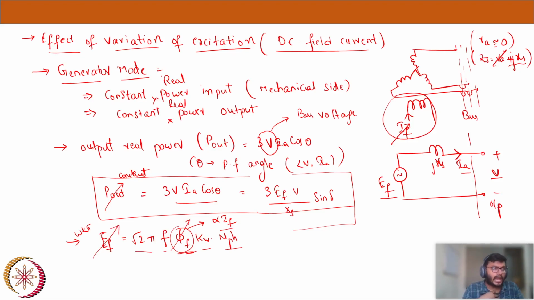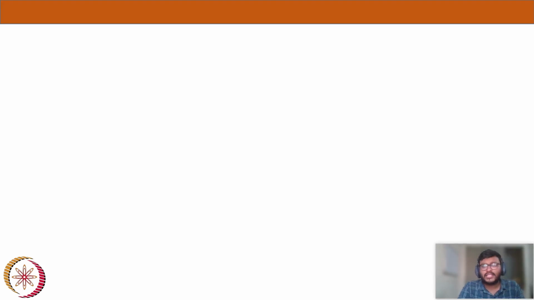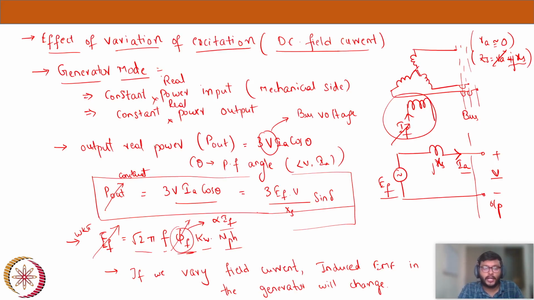If I vary the field current, the induced EMF in the generator will change. This is the straightforward relation between DC field current and the excitation.